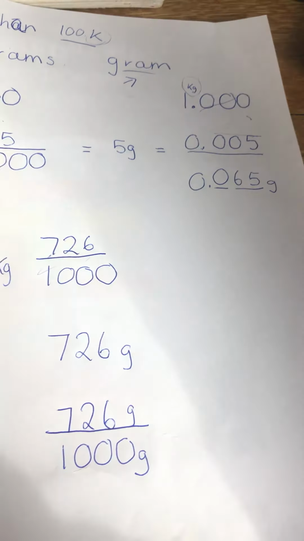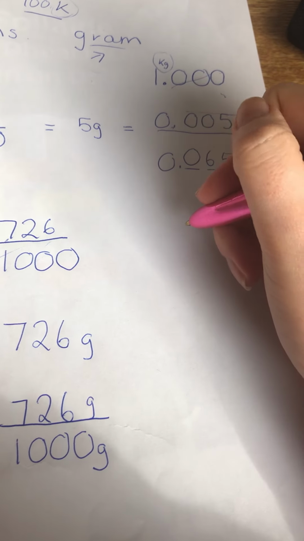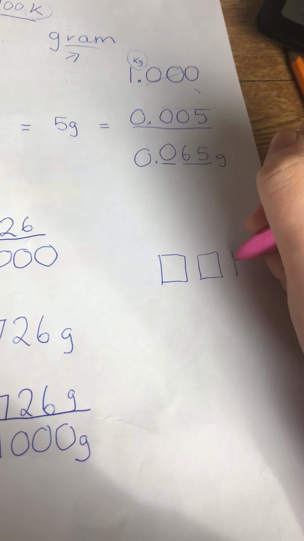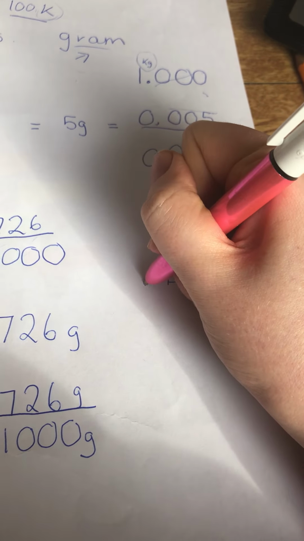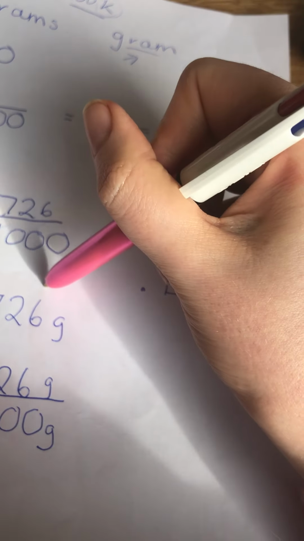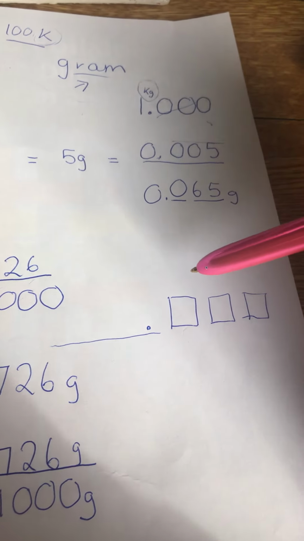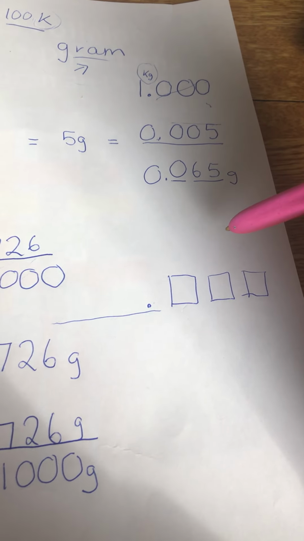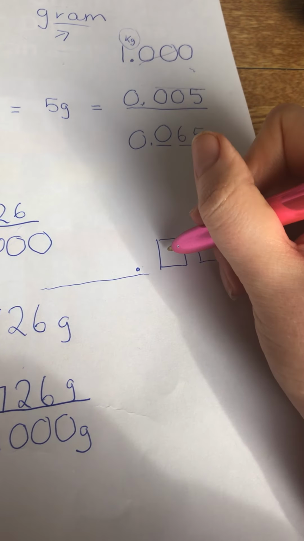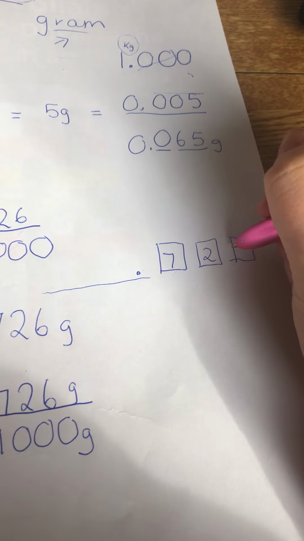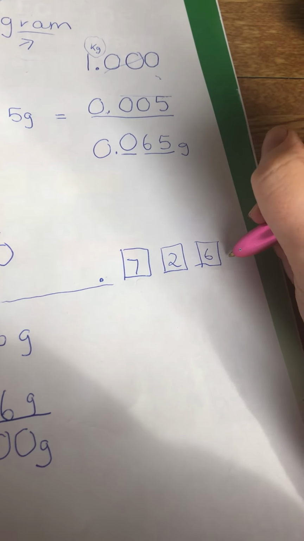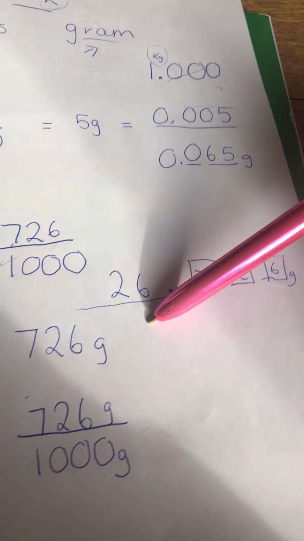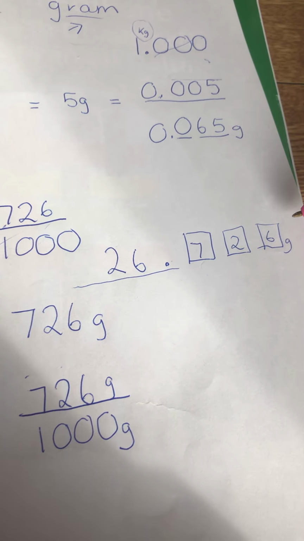And then when we go to write our kilograms and grams, I'm going to put 3 boxes here, 1, 2, 3, and I'm going to put the decimal point before, and then afterwards you can have a number of boxes, so we won't put in boxes there, but there has to be 3 after the decimal point when we're talking about kilograms. So this could fit in here, so that's going to be 726 grams, and you put your 26 this side of the decimal point. So that's just 26 kilograms and 726 grams.